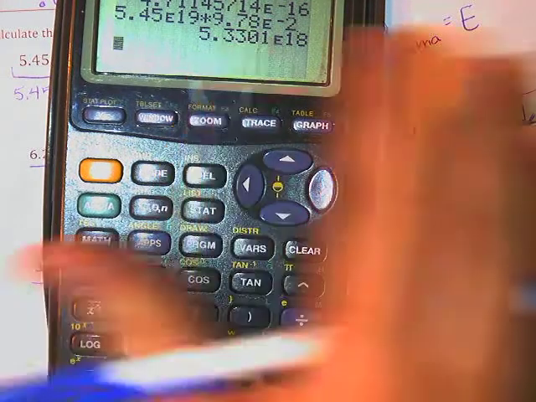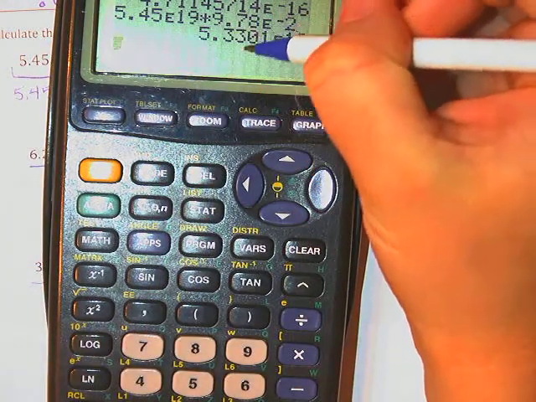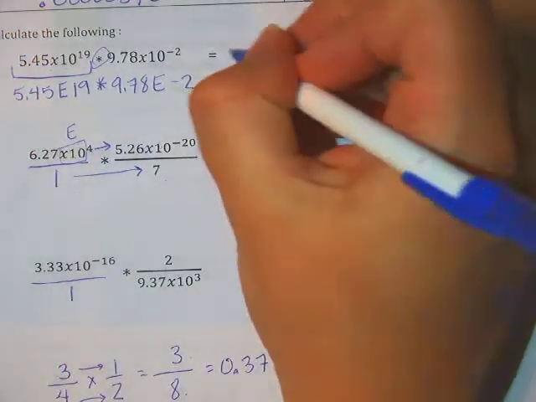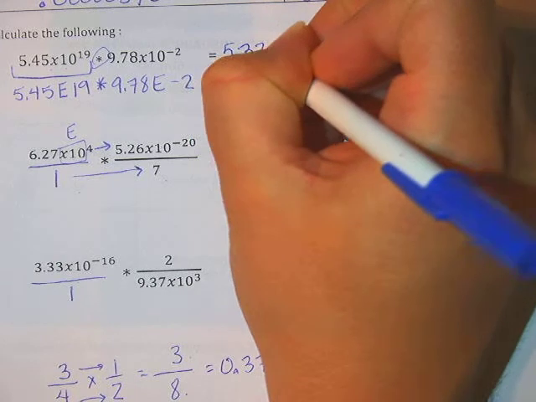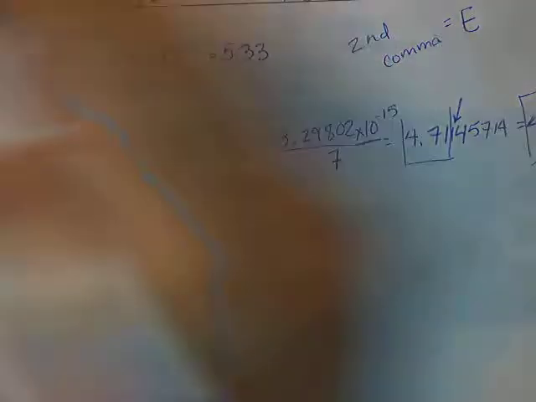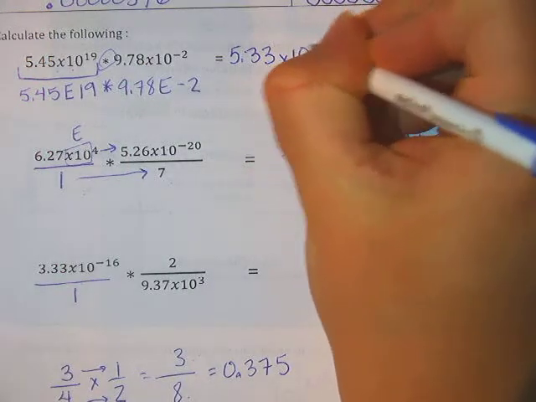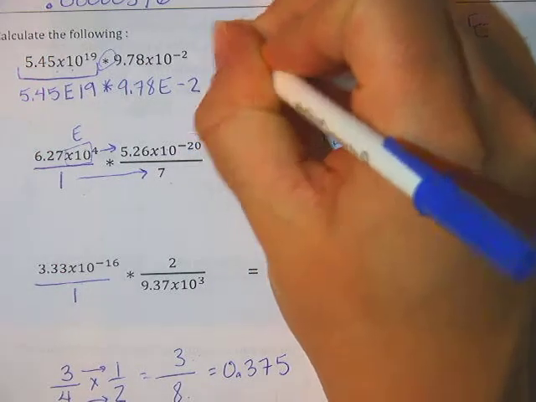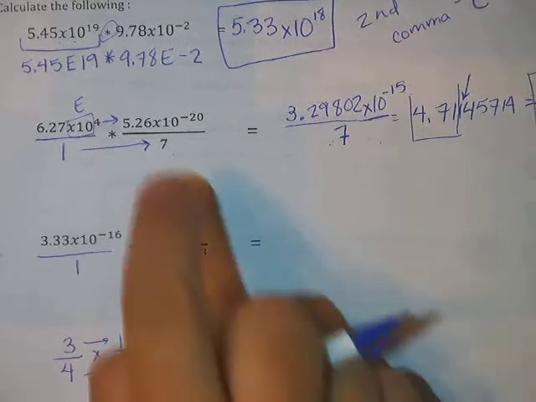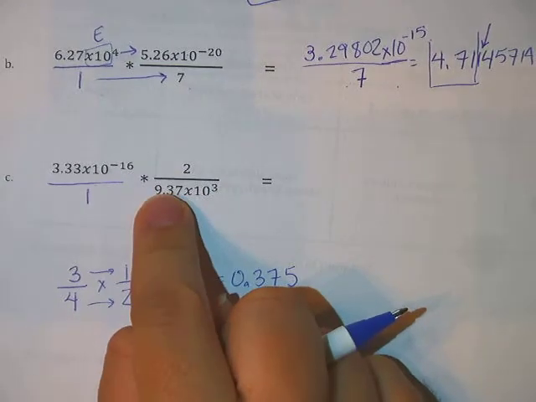Remember, we round to the hundredths place, so that's going to be 5.33, and that 0 rounds it down and just keeps it at 5.33. And then it says E18. That means we also need to write times 10 to the 18th in here. We already did part B together. Let's look at part C.